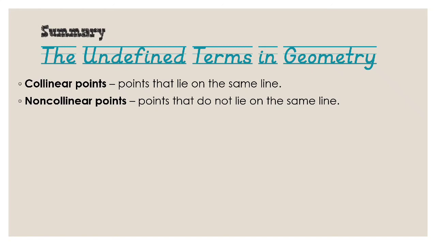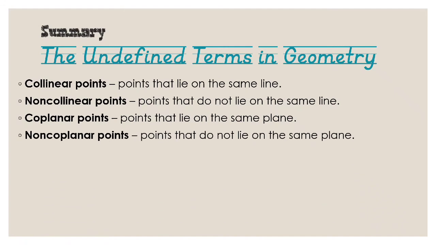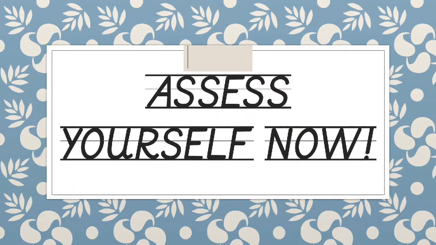So these are points that do not lie on the same line. And the next one is the coplanar points. So these are points that lie on the same plane. And the non-coplanar points, points that do not lie on the same plane. So those are our undefined terms in geometry that we have defined for today's video.